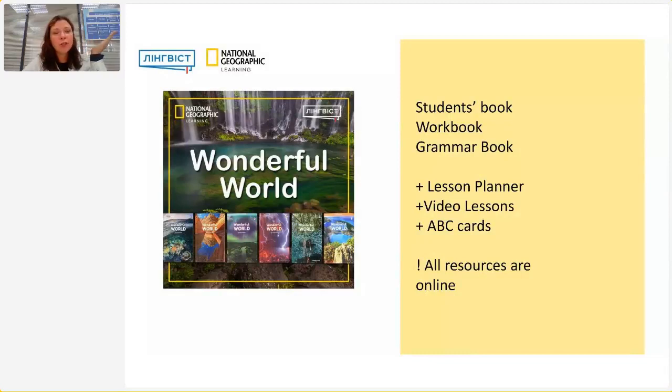If you want, on the Linguist site, you can have a look at this Wonderful World series. It has permission to be used from grade 1 to 6. There are 6 levels, and I suggest you have a look at some of them because the book is quite full of information, and sometimes level 3 is quite difficult for the 3rd grade, but it's okay for the 5th grade.